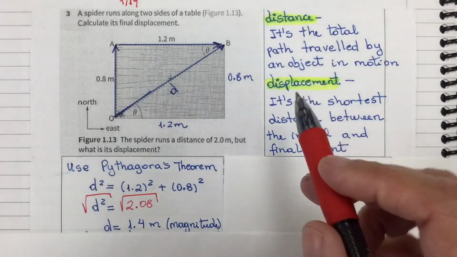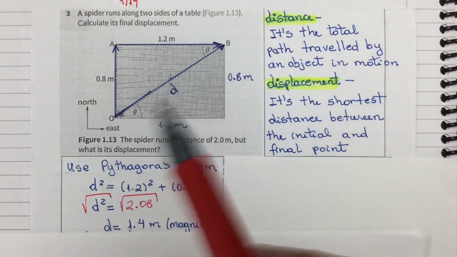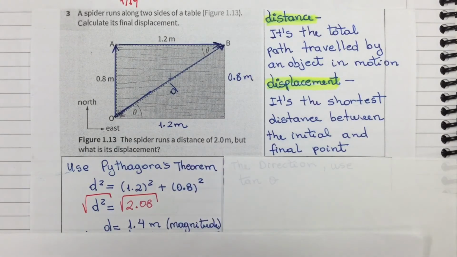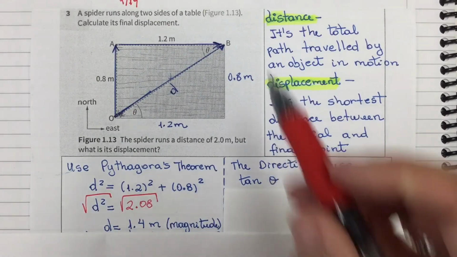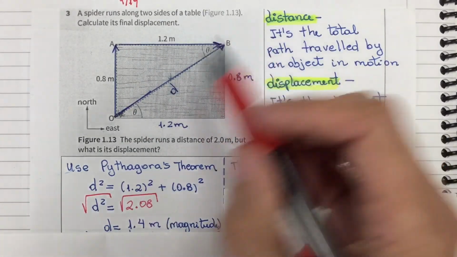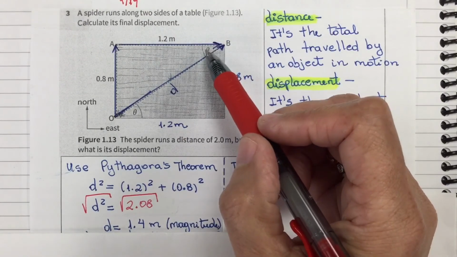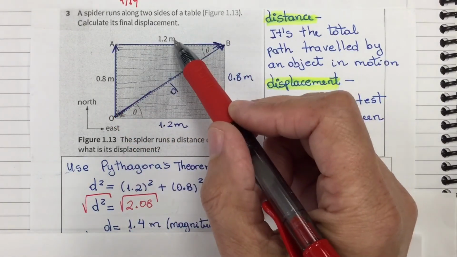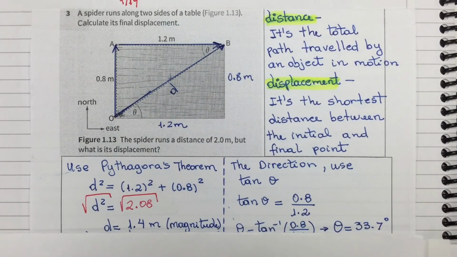But usually displacement is related to direction. So how do we find the direction of something like this? To find the direction, we need to use the tangent of an angle right here. Tangent is the opposite over adjacent, like this.